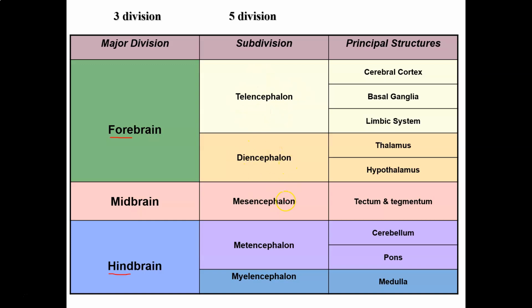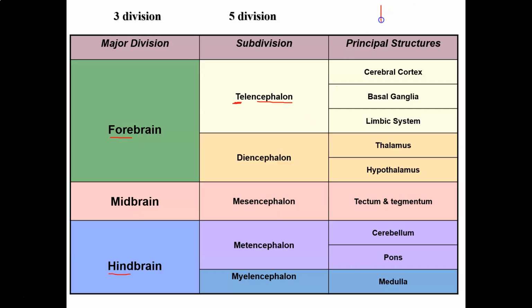Then we have the diencephalon, mesencephalon, metencephalon, and myelencephalon. And these are a lot of cephalons. The word cephalon means head or brain. But the way you can remember the order from anterior to posterior is T is top, and then the rest of them fall into alphabetical order.